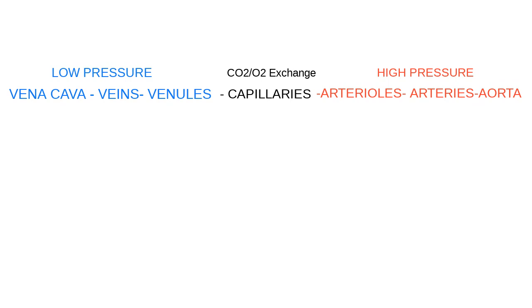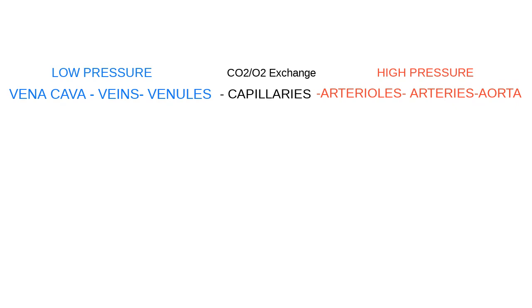So the high pressure side is the arterial side of the circulatory system, and the low pressure side is the venous side. Now let's look at the blood vessels individually, starting with the low pressure side.